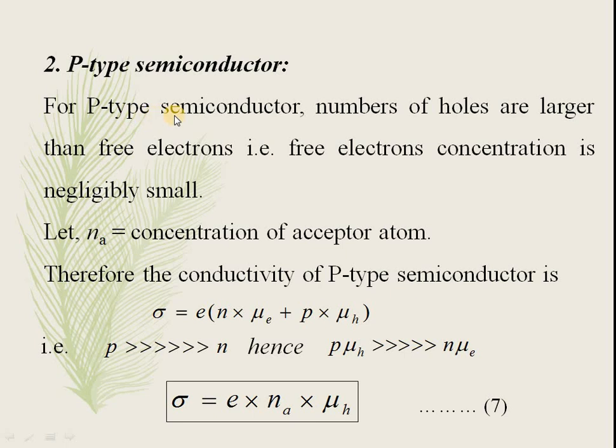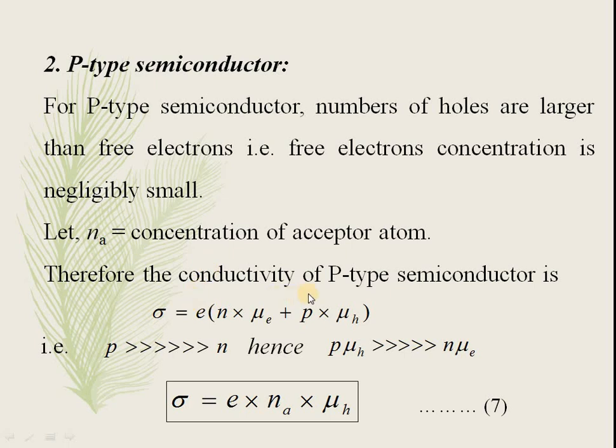So in a P-type semiconductor the number of holes is larger than the free electrons, that is, the free electron concentration is negligibly small. Here an additional electron is accepted, so it is considered an acceptor impurity. Let Na be the concentration of the acceptor atoms.